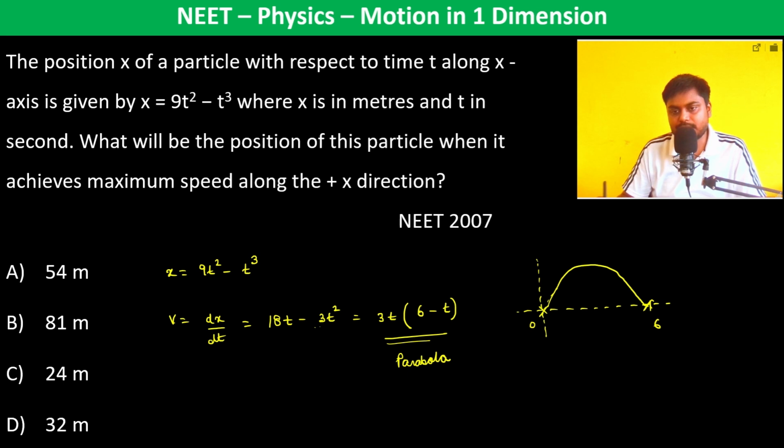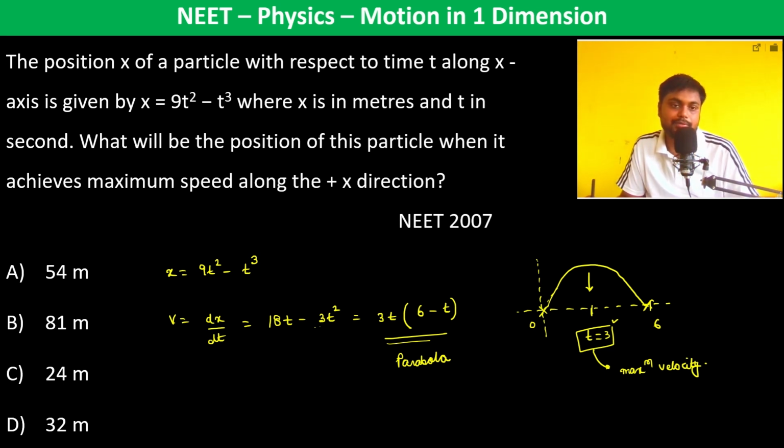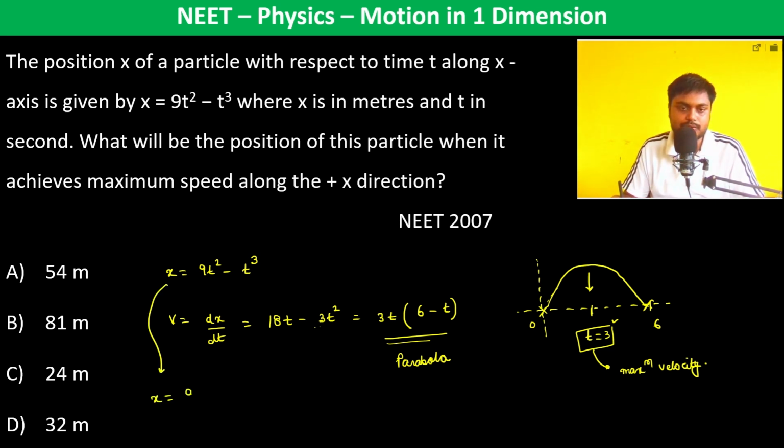Since the coefficient is negative, it is facing downwards, and thus at t equals 3 seconds we have the maximum velocity or speed. So what will be the position of this particle when it achieves maximum speed? Here we just put t equals 3. So x is equal to 9 into 3 squared minus 3 cubed, so 81 minus 27, which is equal to 54 meters. Therefore A is going to be the answer.